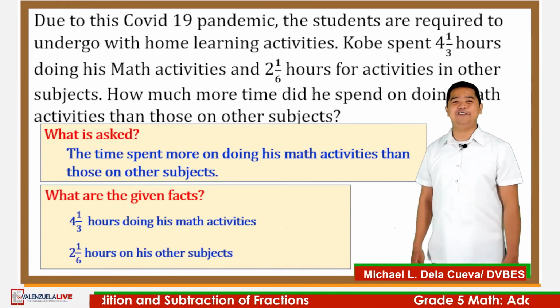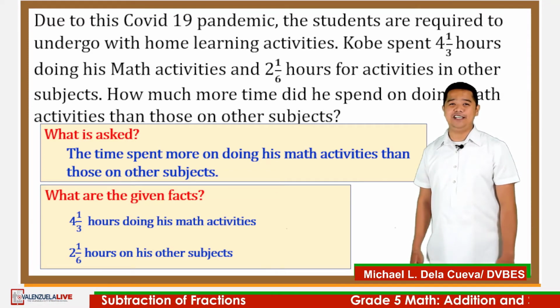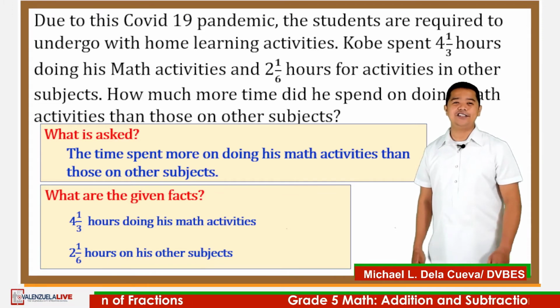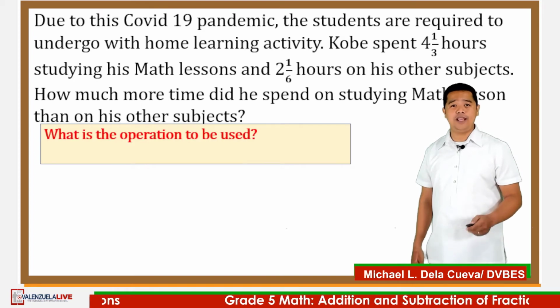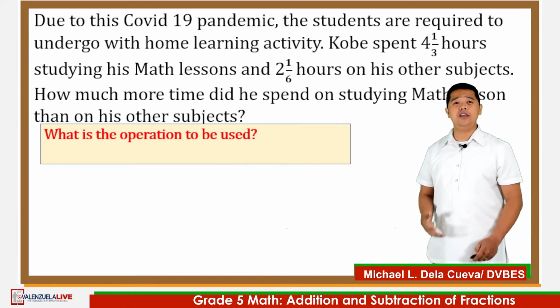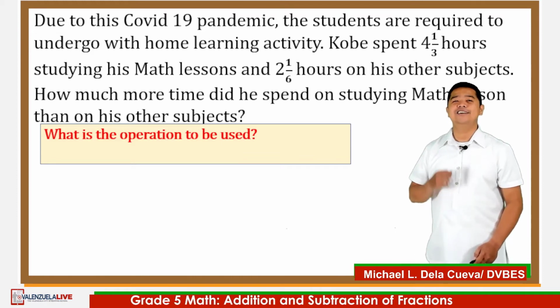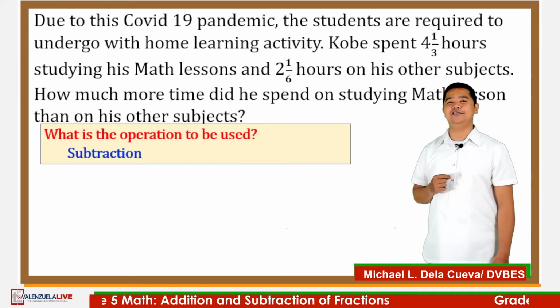Great job. 4 1/3 hours doing his math activities and 2 1/6 hours on his other subjects. And what is the operation to be used? Use the comment section. Very good. The operation to be used is subtraction.